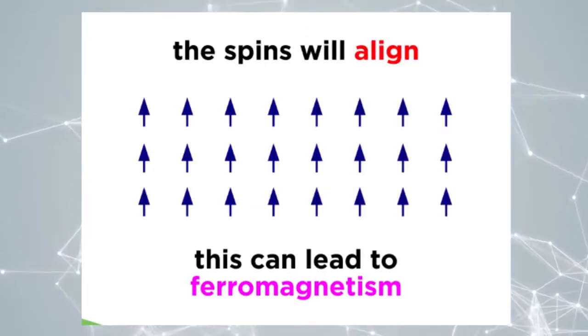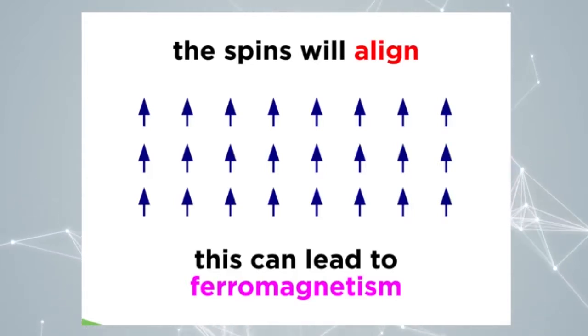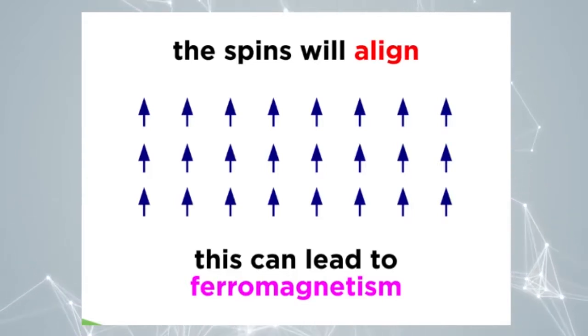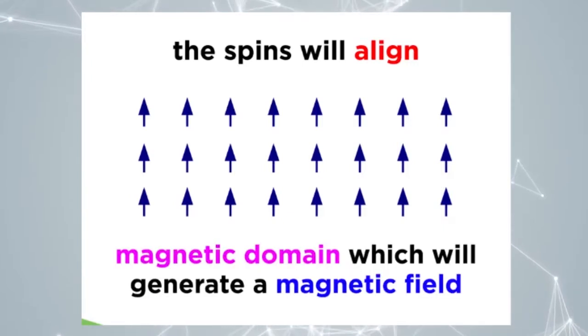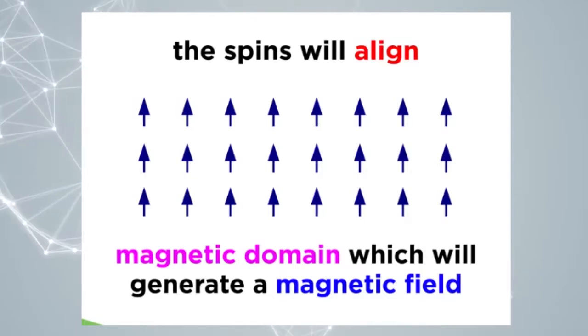In these materials, the atoms will adopt an orientation such that all of their net spins are aligned in parallel fashion, and this phenomenon, which we can refer to as a magnetic domain, will generate a magnetic field.